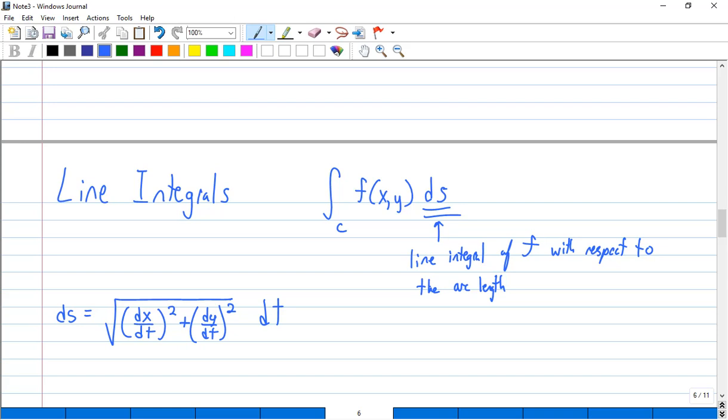So it's not a coincidence that ds is used for arc length and for line integrals. It's the same notation.